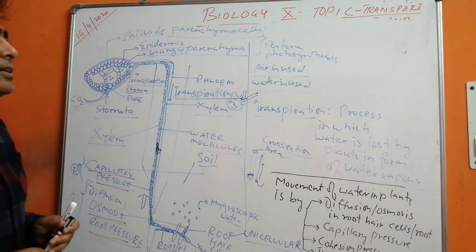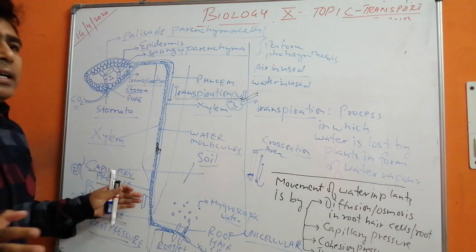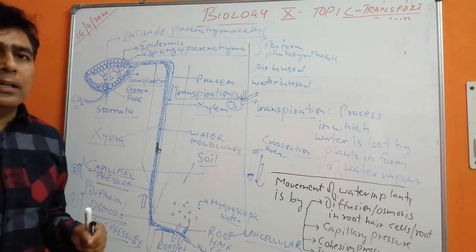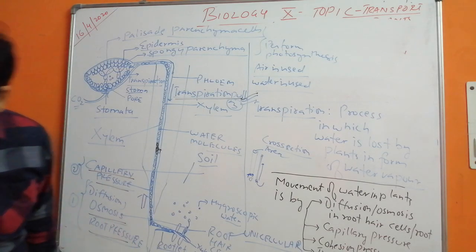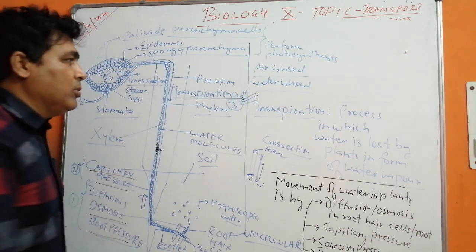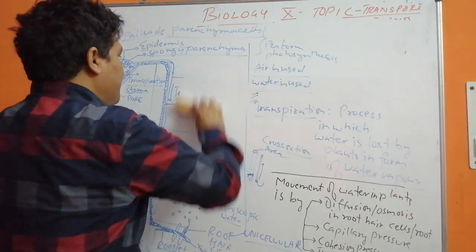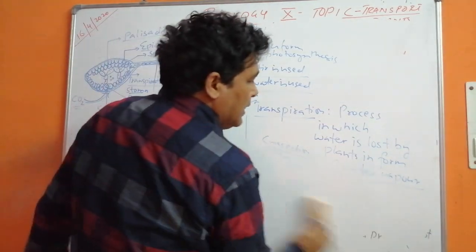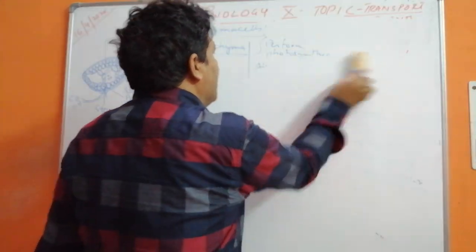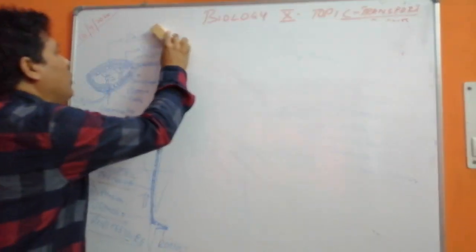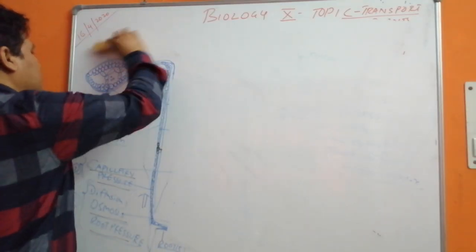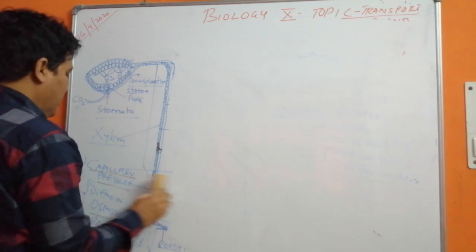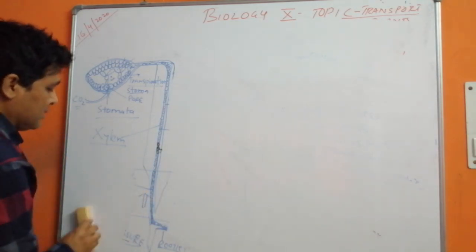Okay, children. So I am ending my topic here, and I will discuss now the transportation of food. How is food formed? First of all, the food is formed by the process of, we know, photosynthesis.